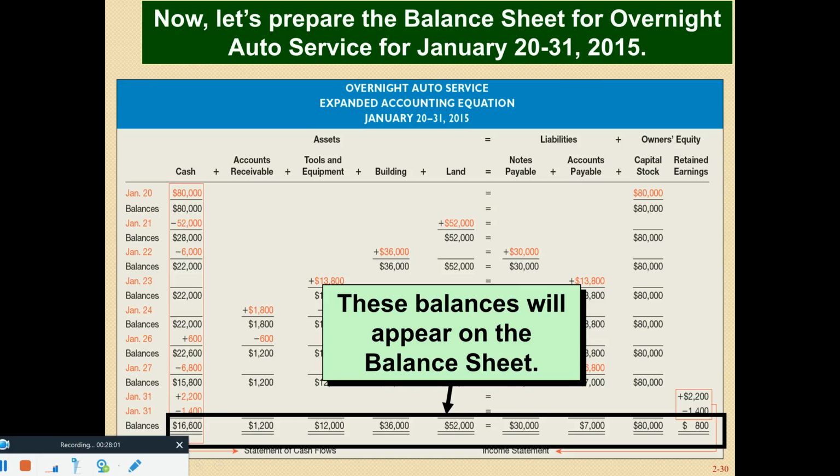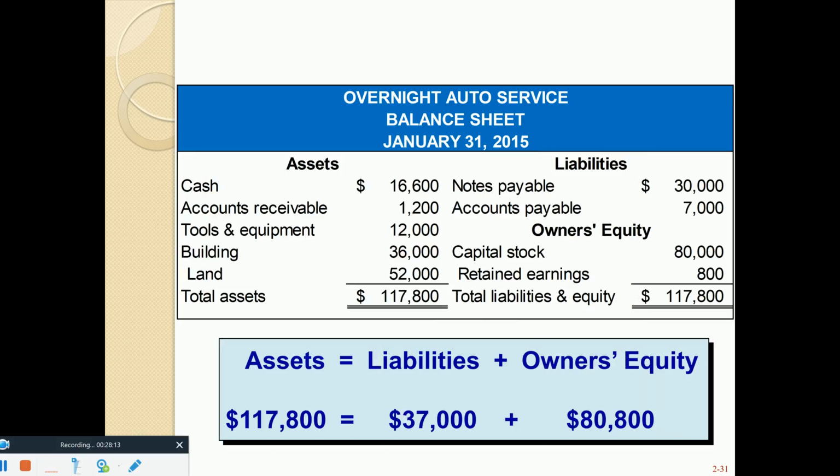Okay, and then of course we have, as I said earlier, our running balances in all of our accounts in the accounting equation. They're going to be used to prepare the balance sheet. And as you can see here, those are the running balances in a nice, neat format. And just like the other financial statements, the balance sheet has 3 rows. The first line is the name of the company. The second line is the name of the statement, which is the balance sheet. And the third line is the date.